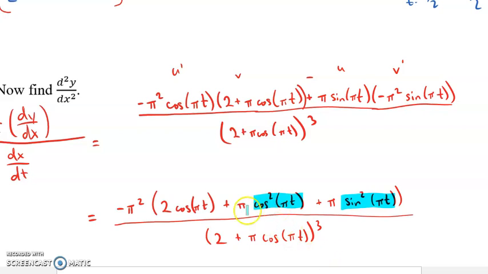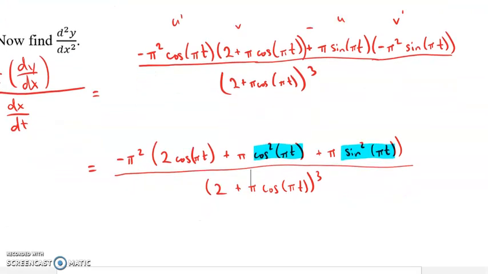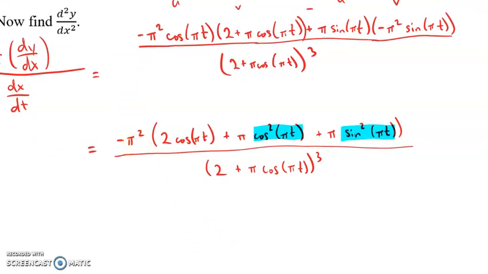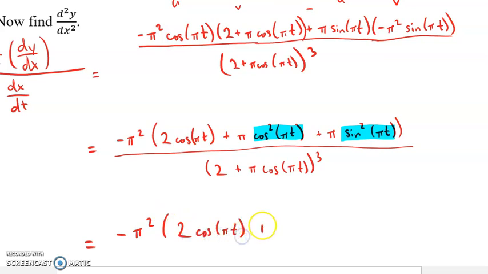So if we were to take just these two terms, the pi times the cosine squared of pi t plus pi times the sine squared of pi t, factor out the pi, what's left is just 1. So in fact, we just have plus pi inside there. So that is not the most amazing thing in the world by any stretch of the imagination, but at the very least, our final answer can be written like that.